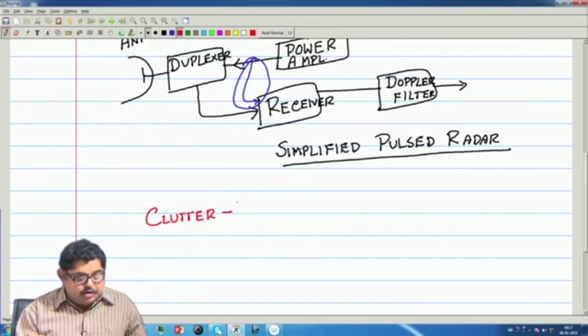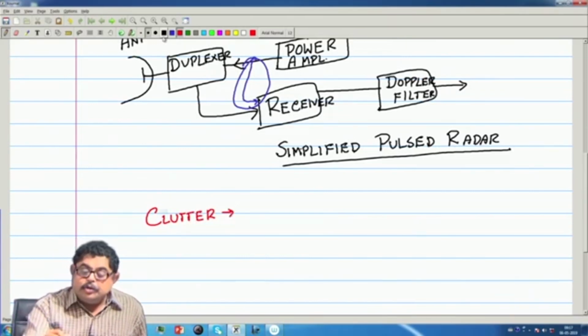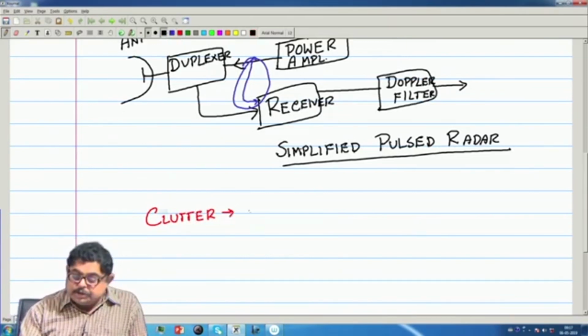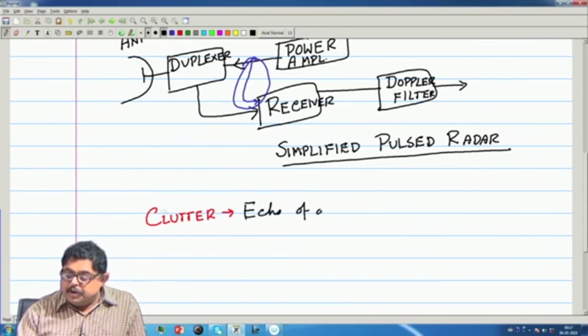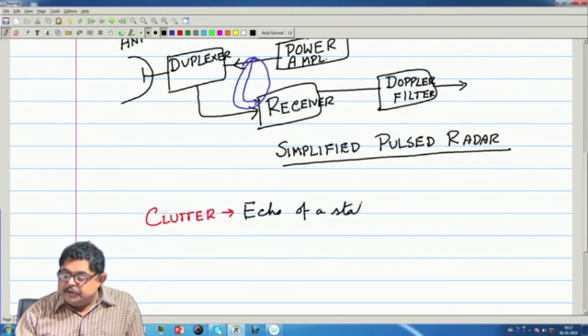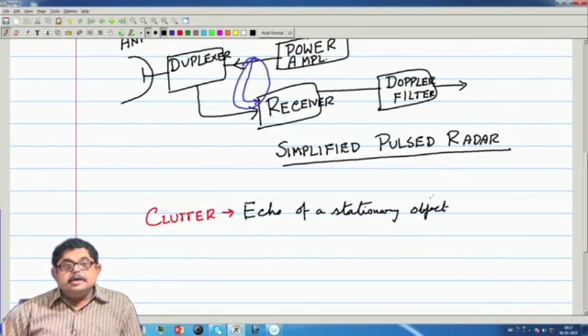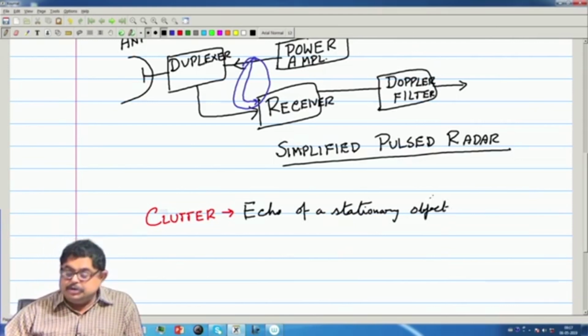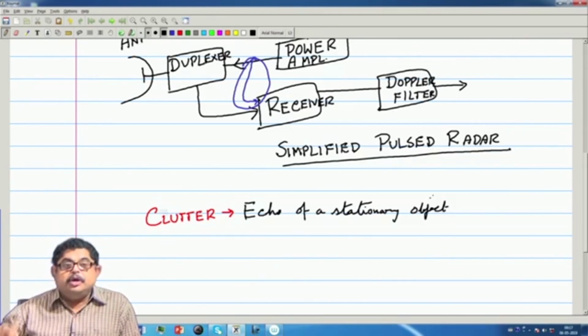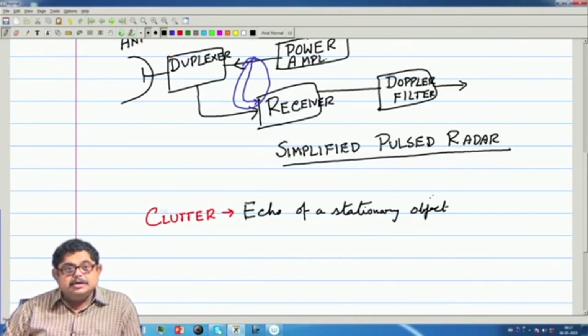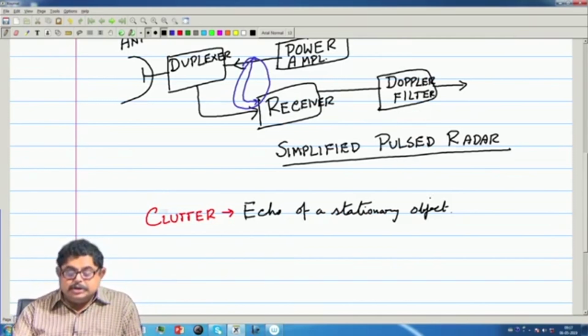Here I am defining clutter as echo of a stationary object. Now, generally we are not bothered with this stationary object, because actually the pulse radar's job is to detect a moving target. So, this is clutter and it is an unwanted thing.